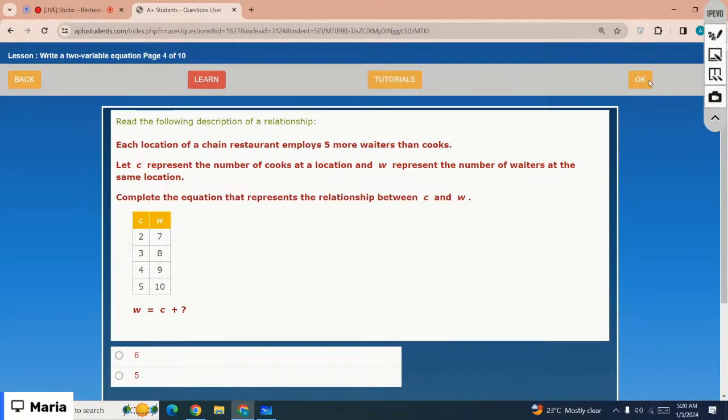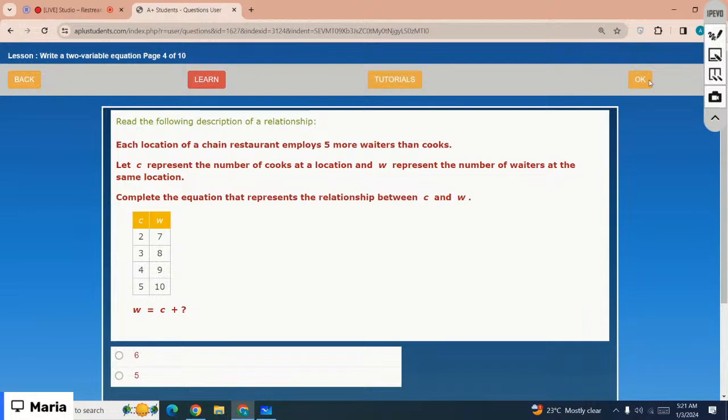Each location of a chain restaurant employs 5 more waiters than cooks. Let C represent the number of cooks at a location and W represent the number of waiters in the same location.